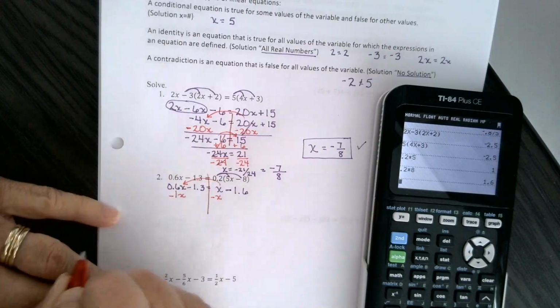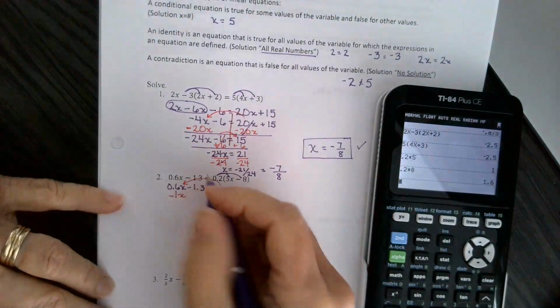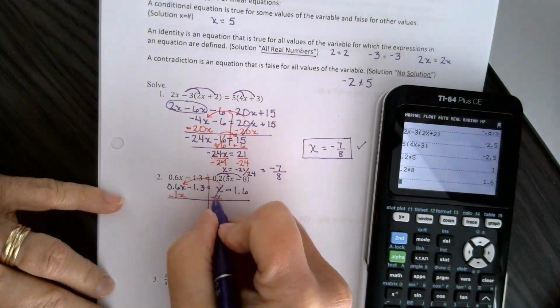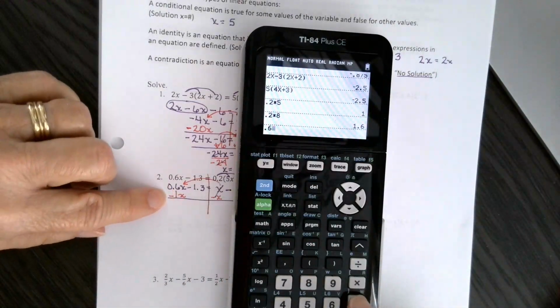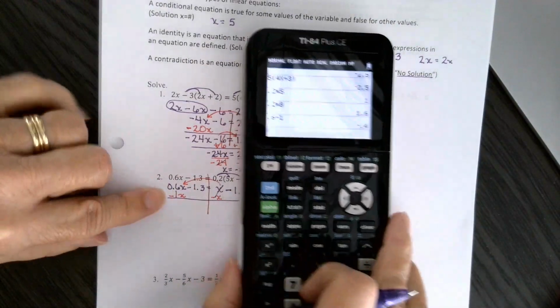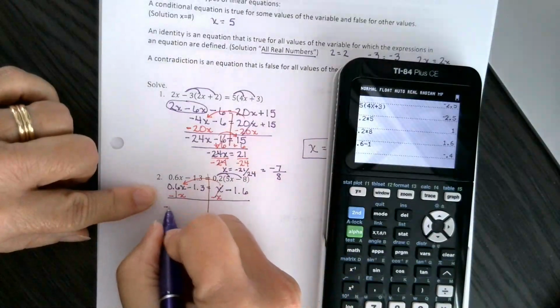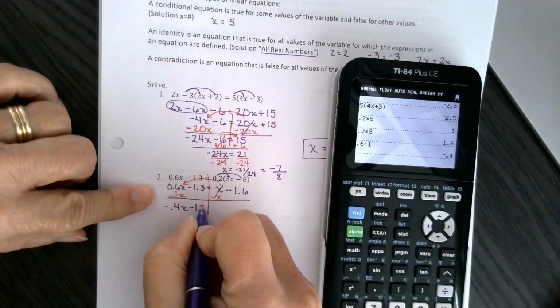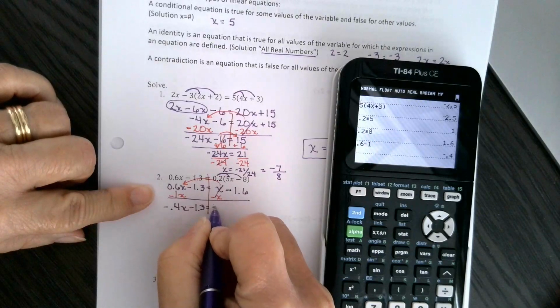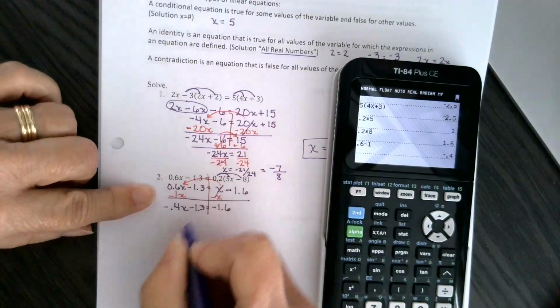There's really a 1 in front of it. We just don't write it. Now you use your calculator on this if you have to. 0.6 minus 1, okay? And you get negative 0.4x minus 1.3 equals negative 1.6.